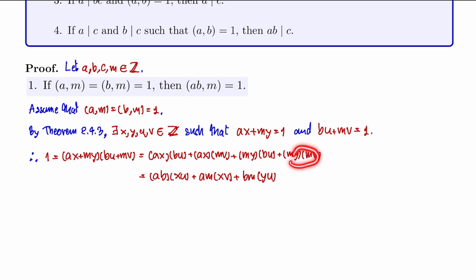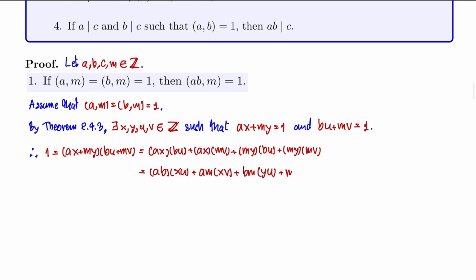And the last one, we have m squared yv. The next thing I want to do is to factor m out of these last 3 terms. So we have ab times xu plus m times axv plus byu plus myv.